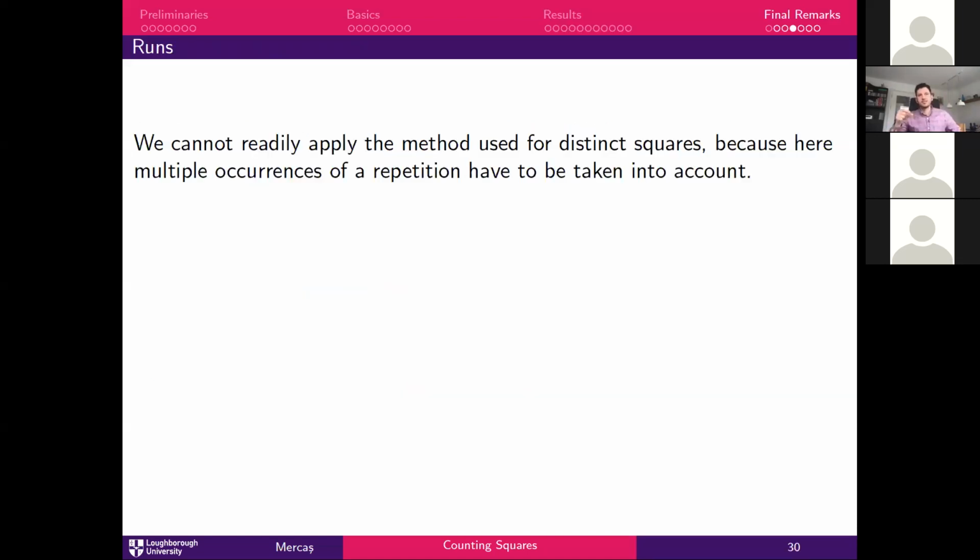As I said, the proof for the runs was based on Lyndon roots. The issue with Lyndon roots when you want to look at squares is that of multiple consecutive squares, and it was shown, for example, by Elia, that you can have a lot of consecutive squares. So almost like at every position you have a square.